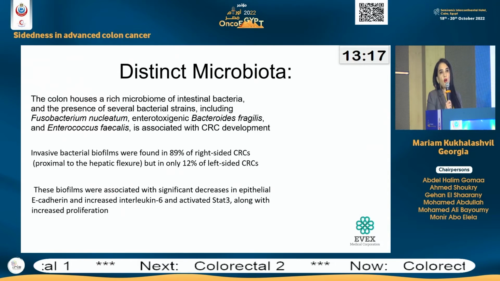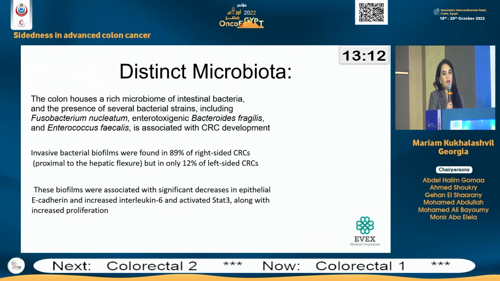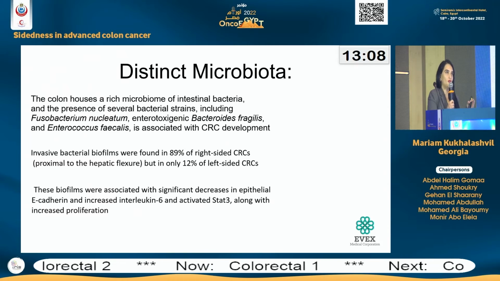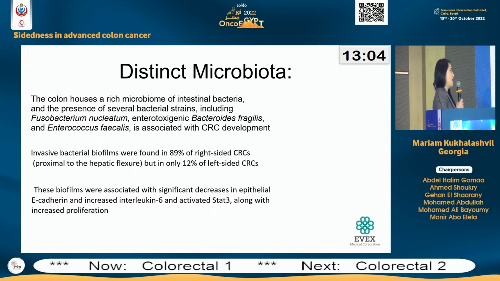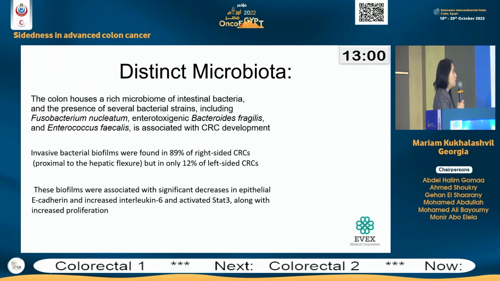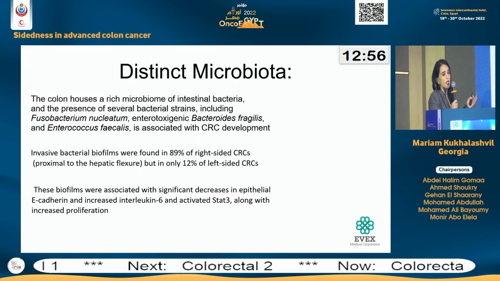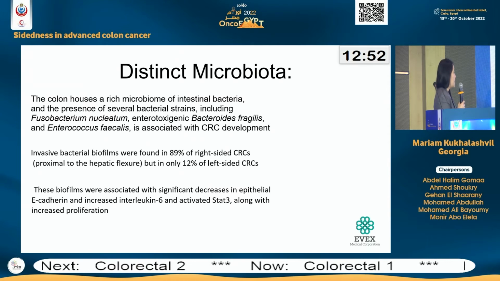The next difference between right and left colon is the microbiota. We know that the colon is very rich in microbiome, and these two parts of the colon have different concentrations of microbiota. This microbiome also includes bacteria which are very important and associated with the development of colorectal cancer.